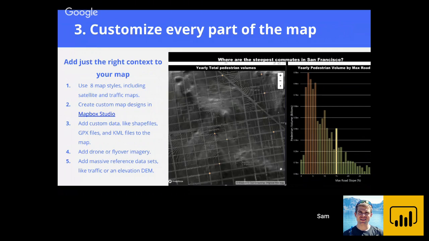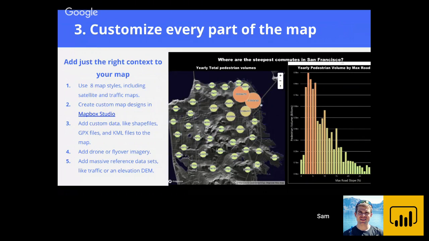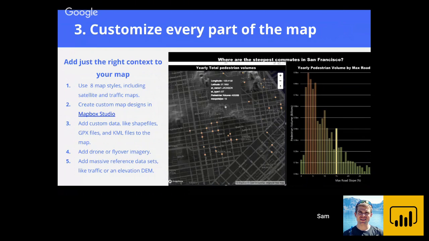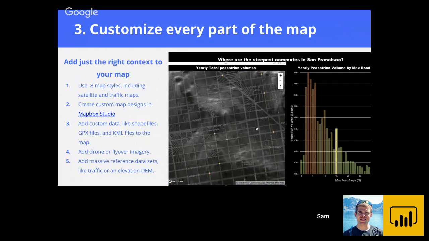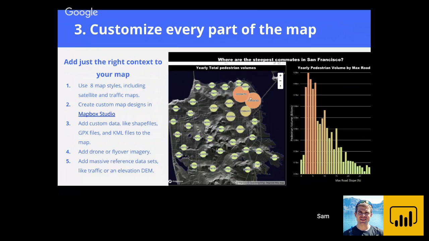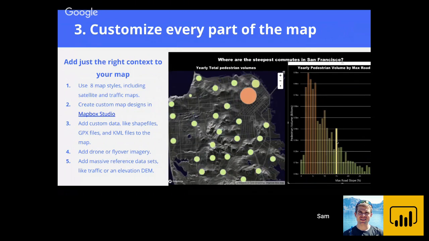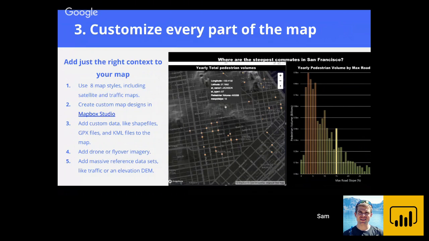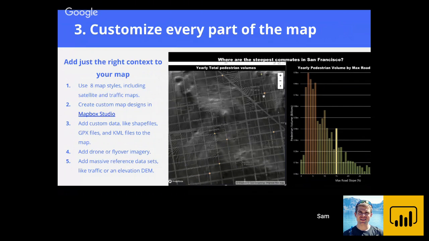So Mapbox is the premier mapping platform out there that will allow you to tailor and customize your map at every level. So, within Power BI, we're offering 8 out-of-the-box styles for you right there. Things like streets, satellite maps, terrain, a dark and a light view. We have that all right there, easy to select in a drop-down.